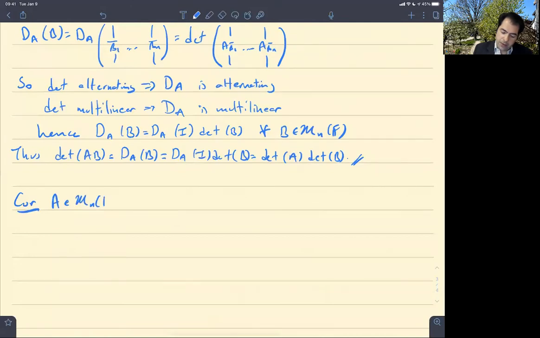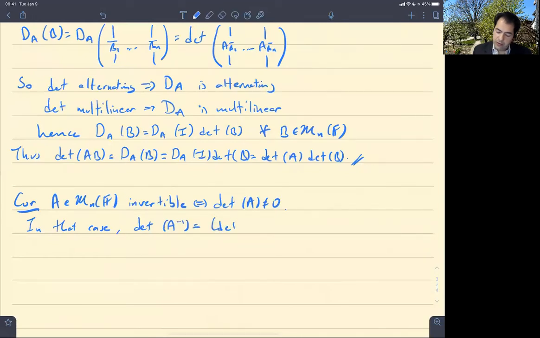So if A is an invertible matrix, then its determinant is not zero and vice versa. Moreover, in that case, if A is invertible, then the determinant of the inverse is equal to the inverse of the determinant.